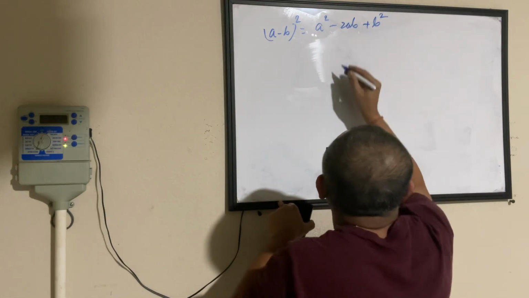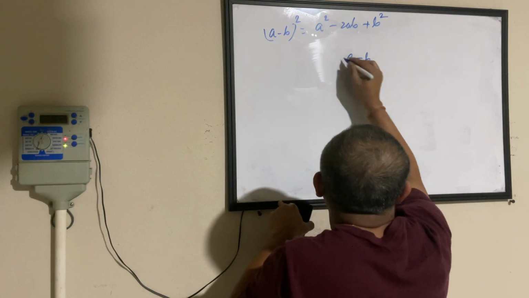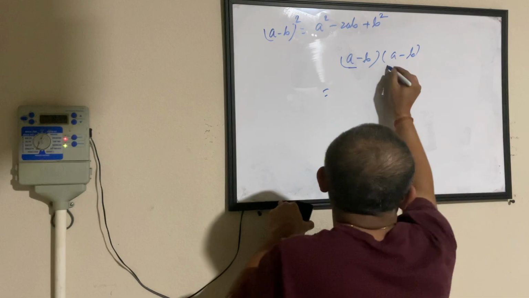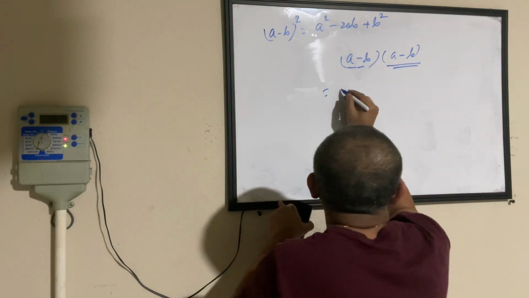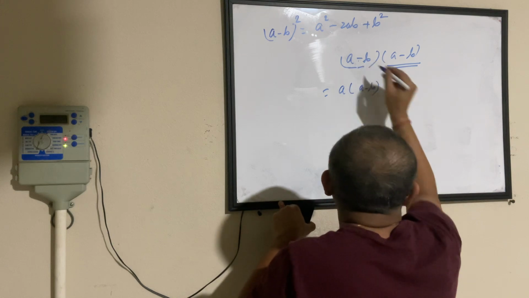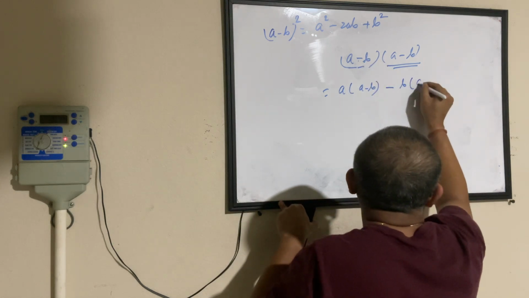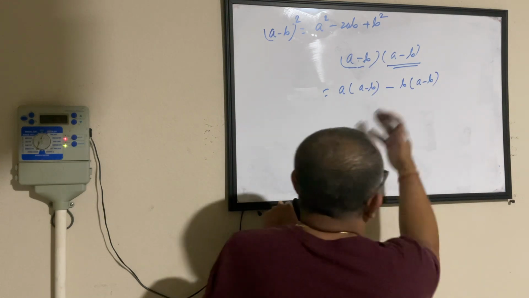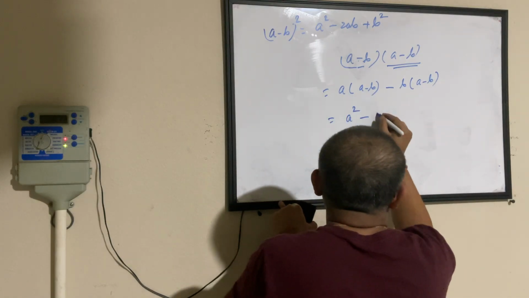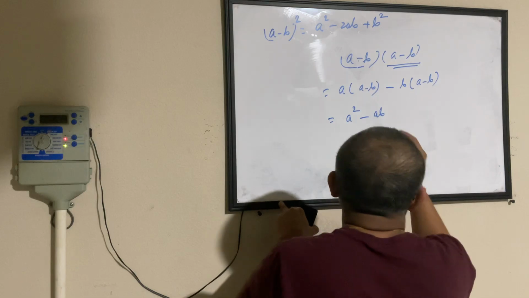How? Same thing. A minus B whole squared is A minus B into A minus B. This becomes A into this minus B into this. So A into A minus B, and then you have a minus sign, so you write minus B into A minus B. Now you break it open. A into A becomes A squared, minus A into B becomes AB, minus AB, because you have a minus sign.